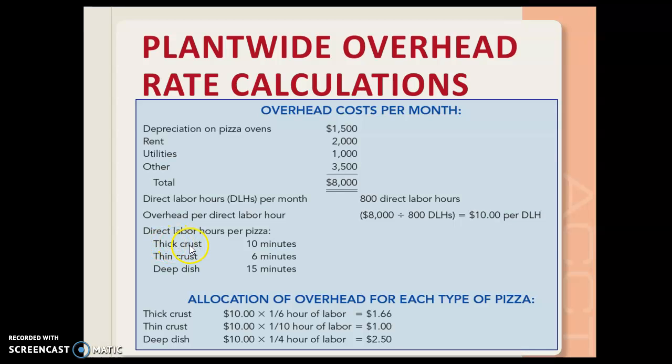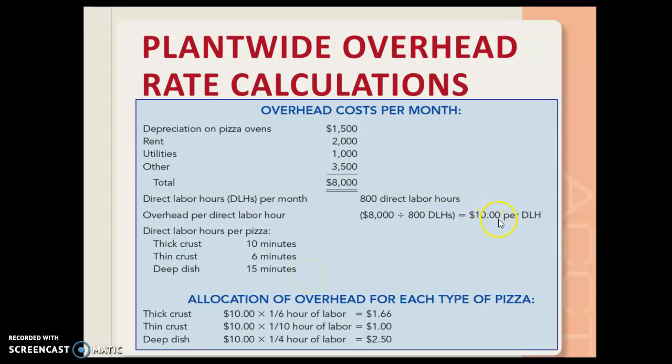On the whole, they're going to take about the same amount of time, around 10 minutes. So rather than saying this one took 10.2 minutes and multiplying that times our rate, we're just going to say that on average it takes 10 minutes to make the thick crust pizza, 6 minutes for the thin crust, and 15 minutes for the deep dish pizza.